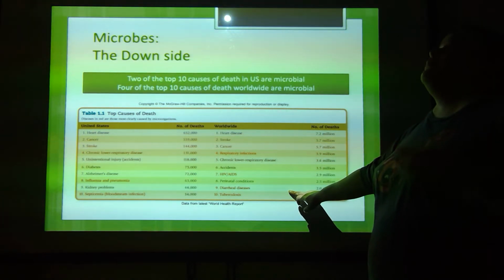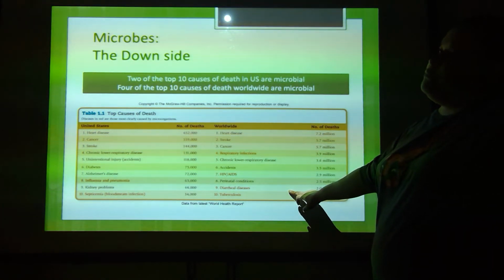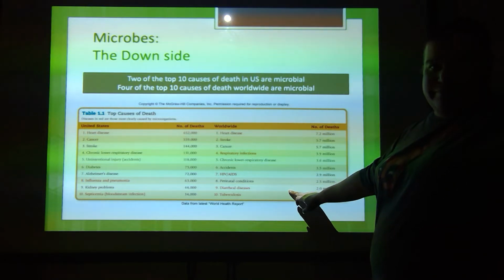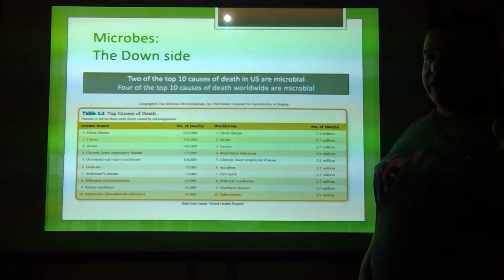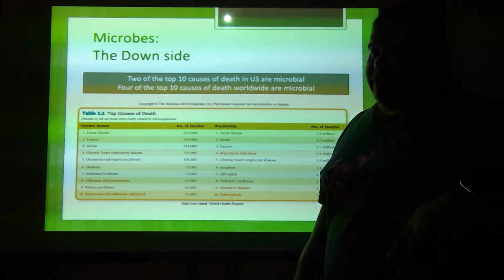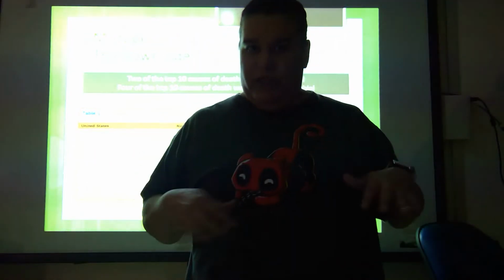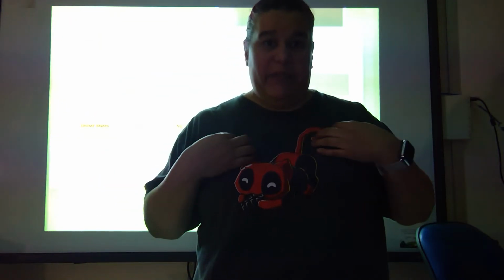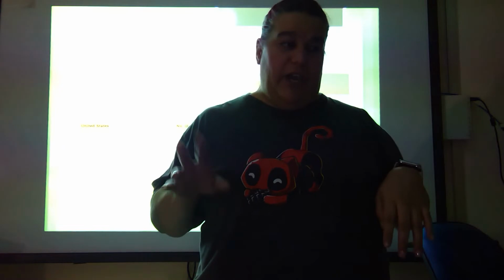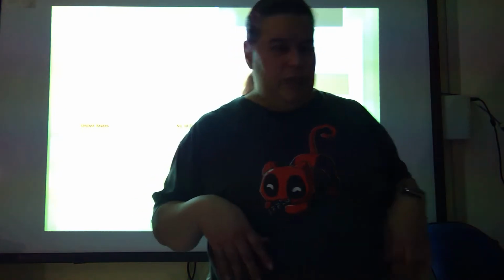My brain just left my head. Malaria. Tuberculosis is number 10. Tuberculosis is also a lung infection, but it does a lot more damage than, let's say, the common cold. It actually causes lung damage called tubercles, which we will touch on at the end of the semester.